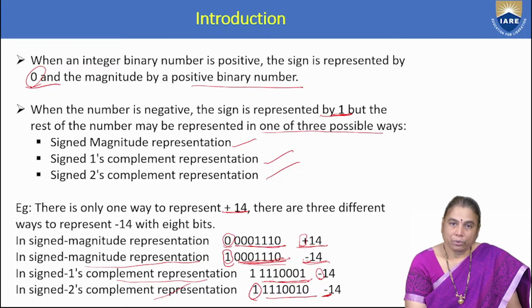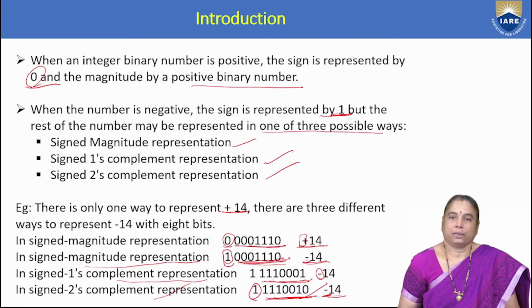But to get the twos complement, we have to perform the ones complement plus 1 operation. So this is the twos complement equivalent of the 14 magnitude. So here minus 14 is represented in twos complement representation.